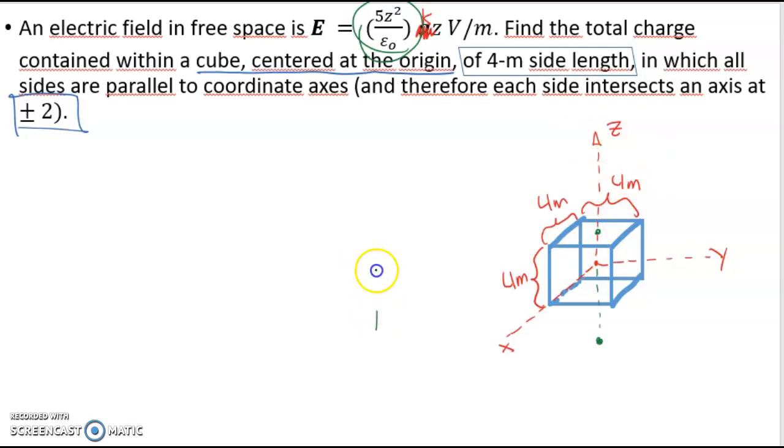If we know the electric field is going up in the k direction, that means the only sides of the cube that are actually perpendicular like this are going to be the upper side and the lower side.